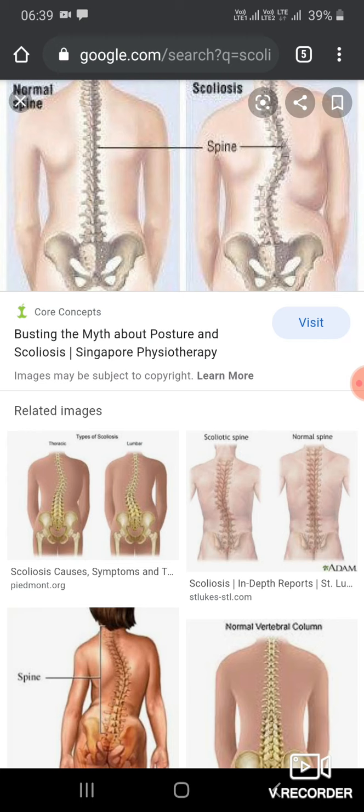The spine is in the position of the letter S. Okay, and we have to talk about the corrective measure of scoliosis. Sit up, and also backward swimming is very helpful for this type of deformity. A person having this should do swimming.